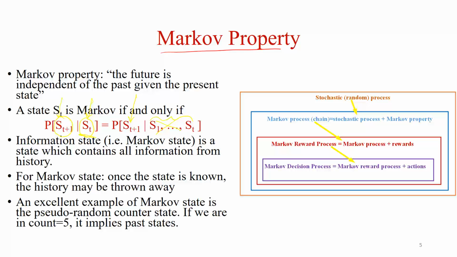And this significantly simplifies the design, because imagine you are running a process days in and days out, and you need to make a prediction. Then you would have to know the history of this process, which can be millions of previous states. But if the only thing you care about is the present state, then you have simplified the process. And this is basically the Markov property.